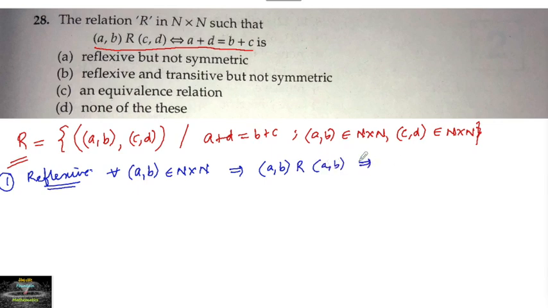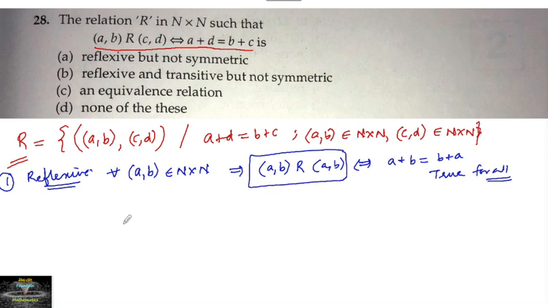If and only if a plus b is equal to b plus a. We know that a plus b is equal to b plus a, and it is true for every ordered pair, right? So this is true for all, and hence we can say that this is reflexive.